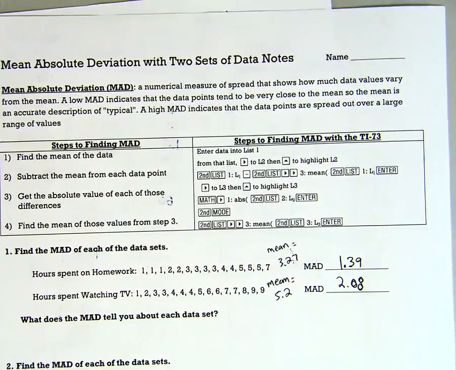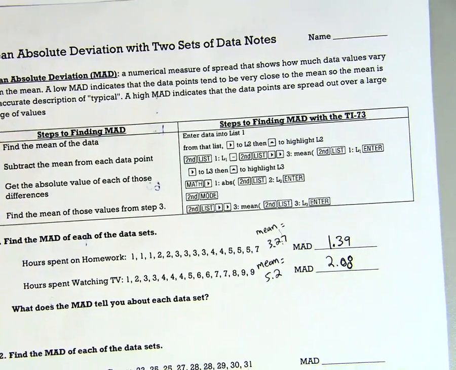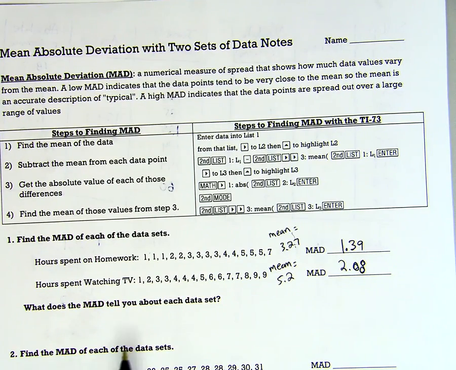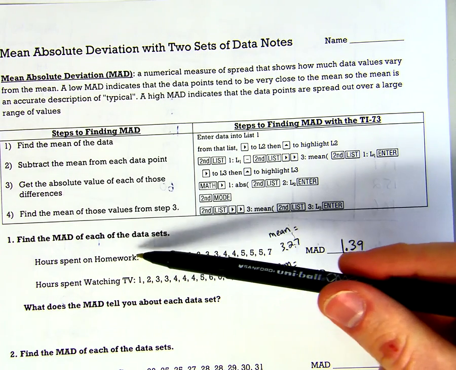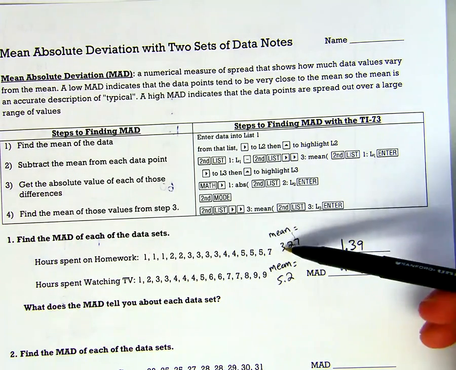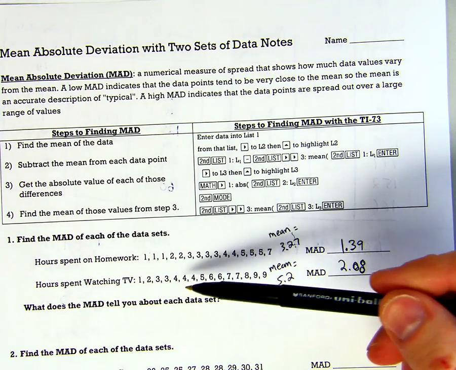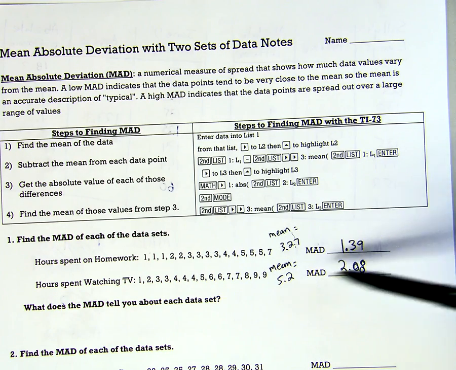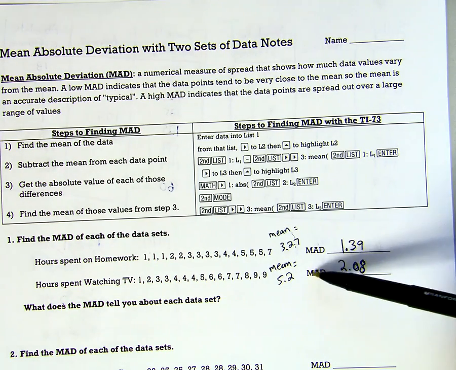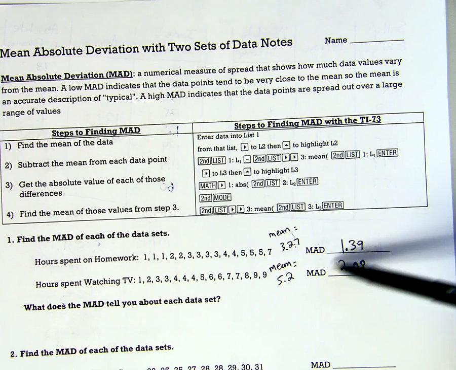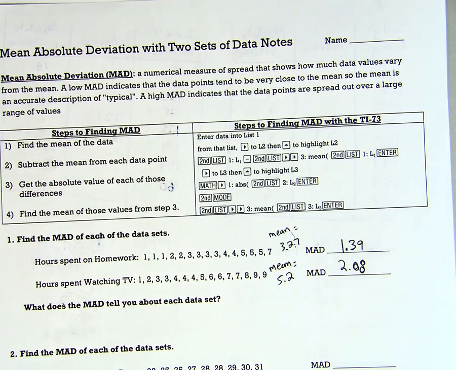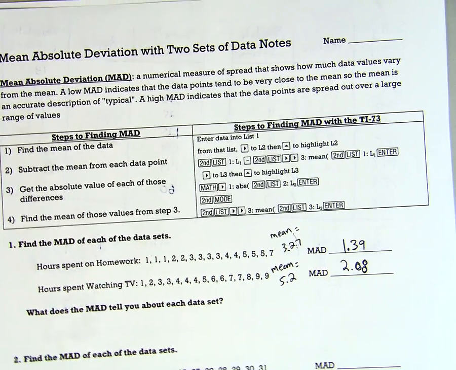Alright. So now if I look at my question here, it says, what does the MAD tell you about each data set? So one, we have hours spent on homework. We have an average of 3.2. And then we have hours spent on TV, 5.2. And then the mean absolute deviation there as well. Okay. So what does it tell us about each set of data?